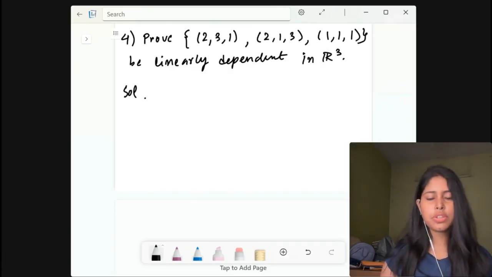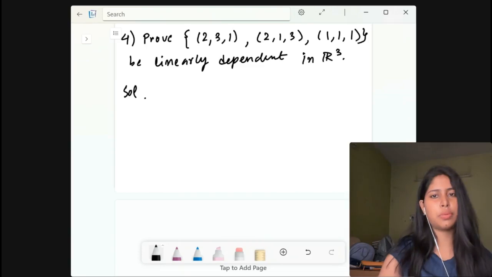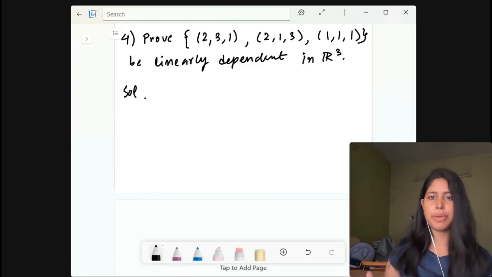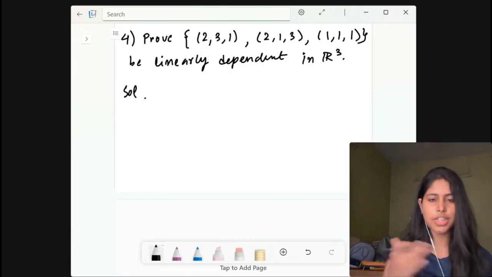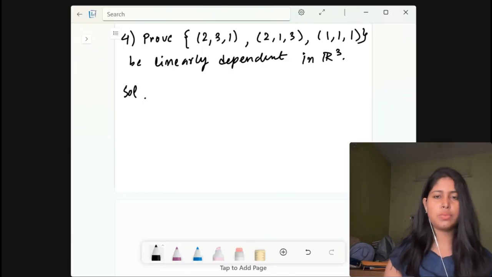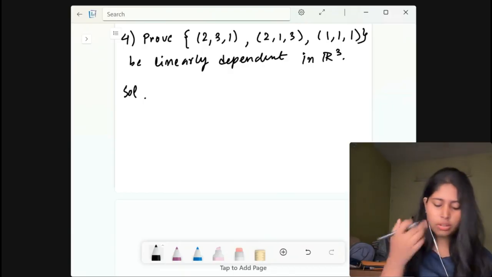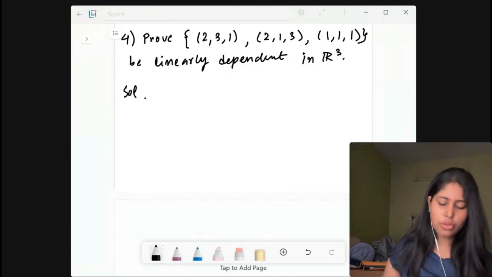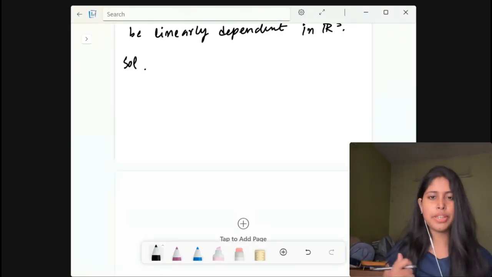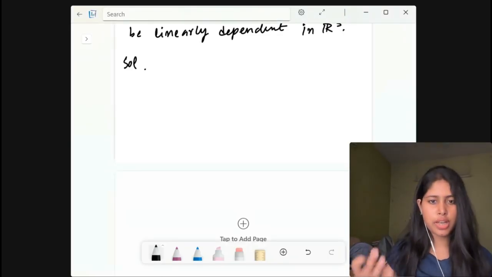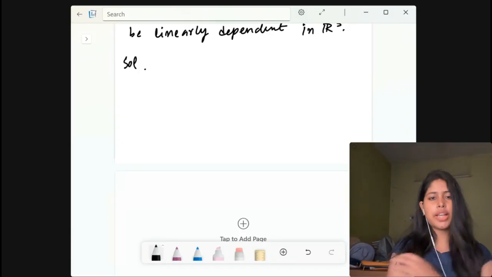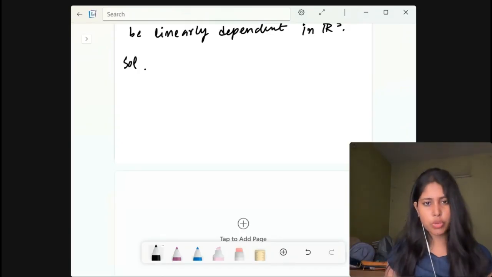Now see, in question number 4, we are talking again about linear dependence, and we already know how to solve it by now. First we need to define the scalars c1, c2, c3. For this to be linearly dependent, we need to satisfy the linear combination equation c1 alpha 1 plus c2 alpha 2 plus c3 alpha 3 is equal to theta, right?